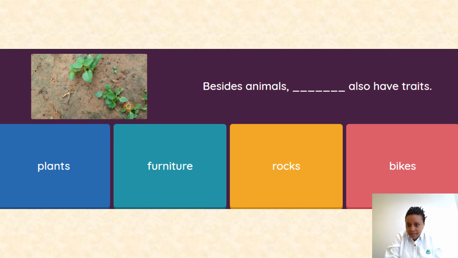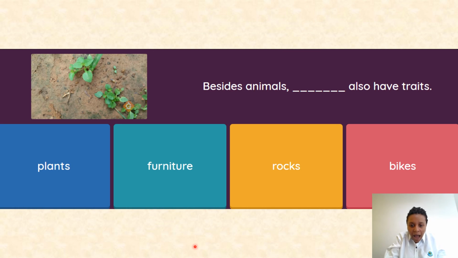Besides animals, what also has traits? Is it plants, furniture, rocks, or bikes? Okay, so look at this. What is that? Besides animals, what also has traits? 3, 2, 1.